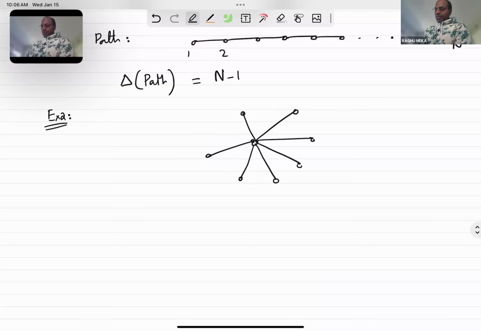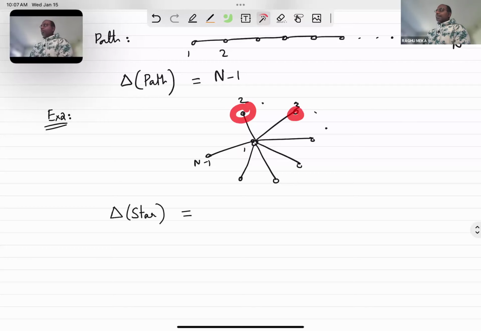Okay. So there's a center node and it is connected to everything else. So this is 1, 2, 3, all the way up to n minus 1. Okay, so what's the diameter of the star graph? Well, if I take any two vertices here, they're kind of at the same distance, so it's just 2.